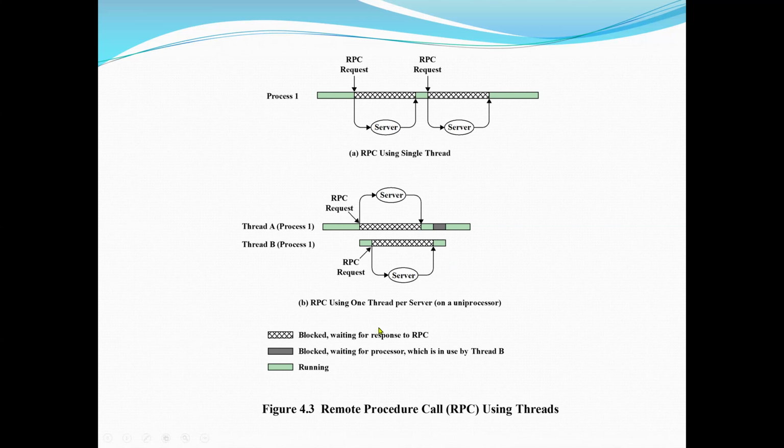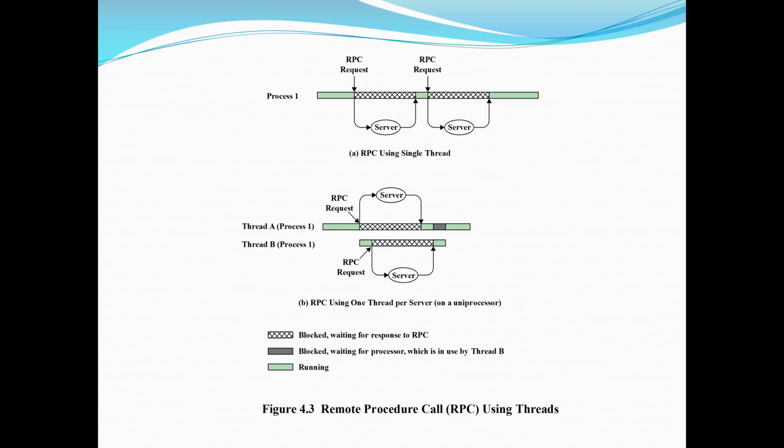The diagram here shows a program that performs two remote procedure calls, RPC requests to two different hosts, to obtain a combined result. In a single threaded program, the results are obtained in sequence, so the program has to wait for the response from each server in turn.